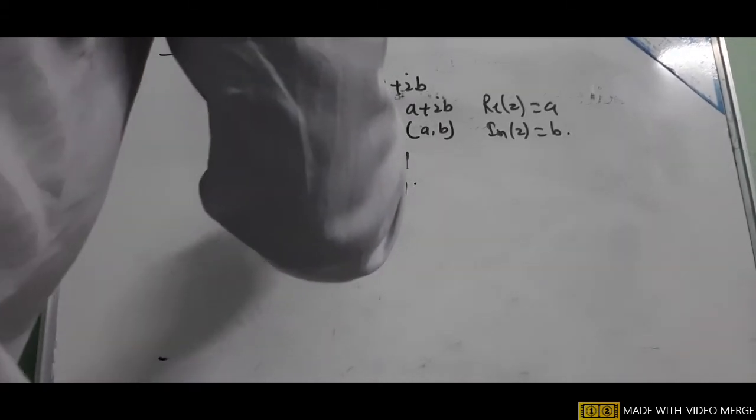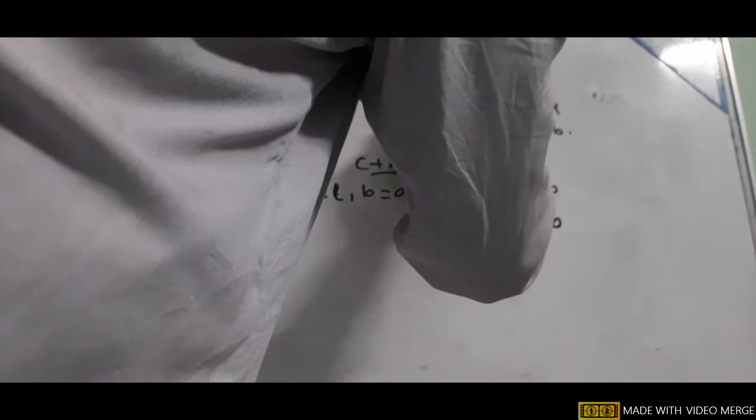For a complex number a plus ib, its complex conjugate is represented by z bar or z star, and it is a minus ib. If the complex number is a plus ib, then its conjugate is a minus ib.